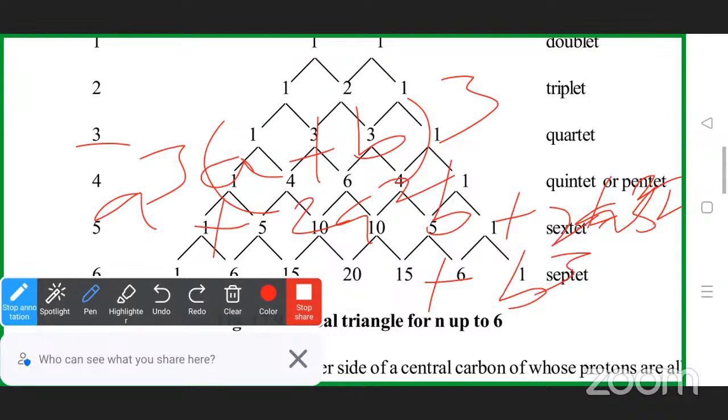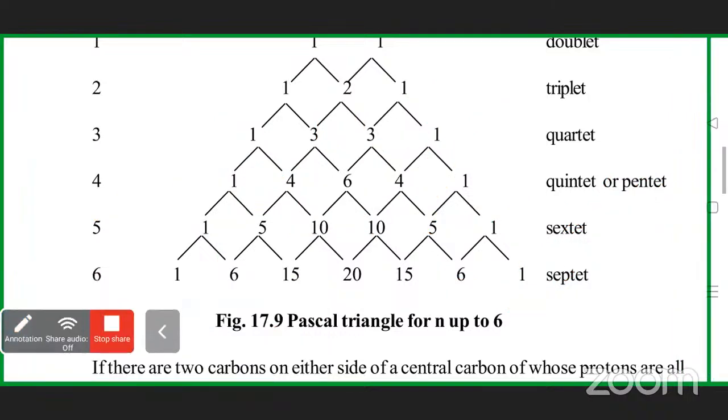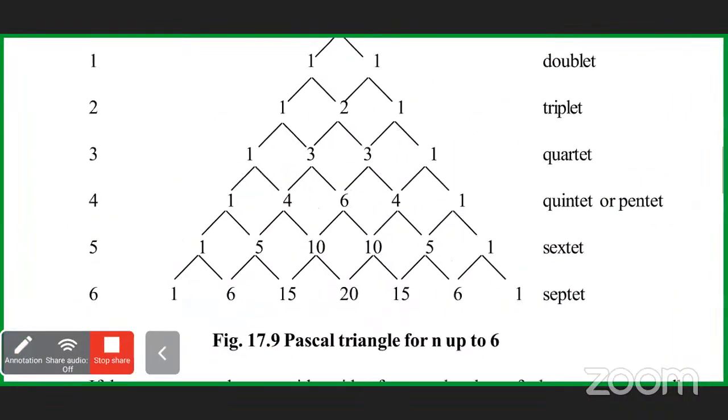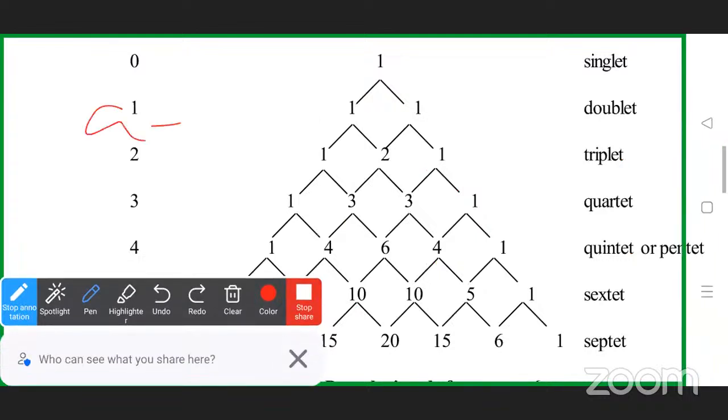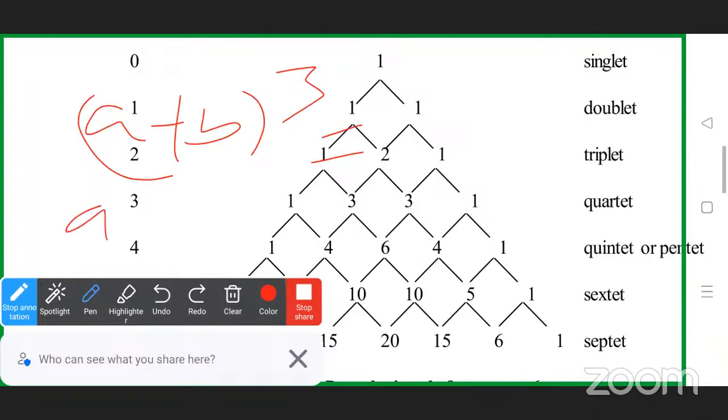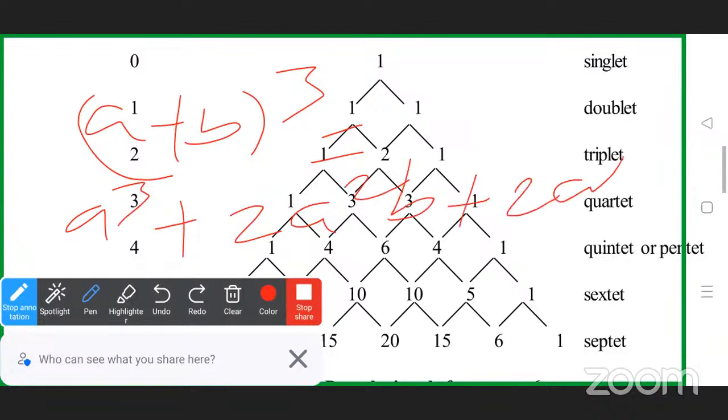Isn't it? Is it correct, MPC people? A plus B whole cube formula.